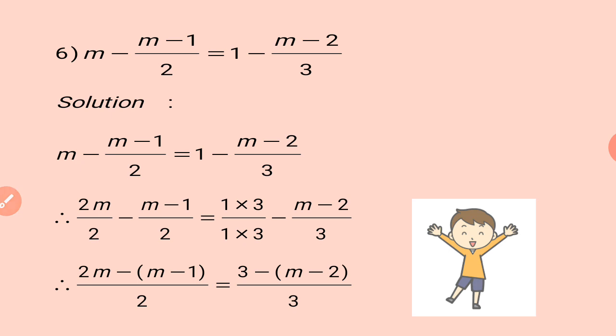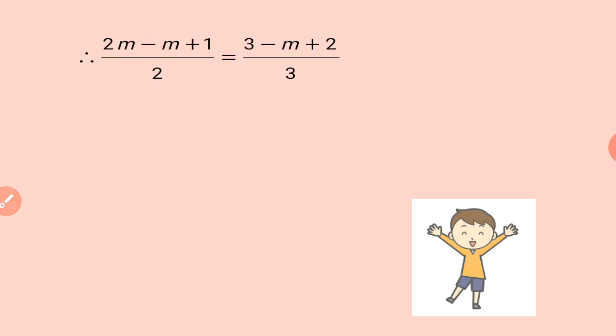After opening the bracket you get this. After this you solve the variables. 2m minus m gives you m, then you are left with plus 1. On the right hand side you will solve 3 plus 2, that is 5, minus m remains as it is.